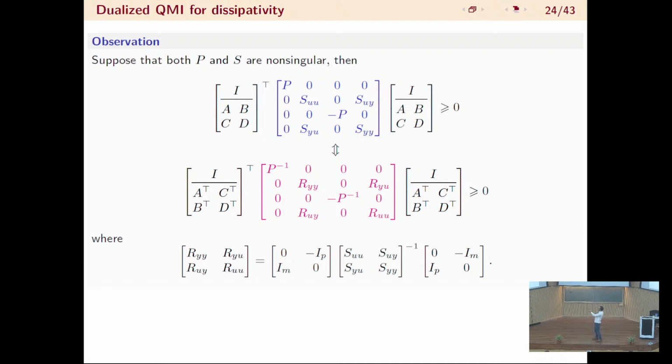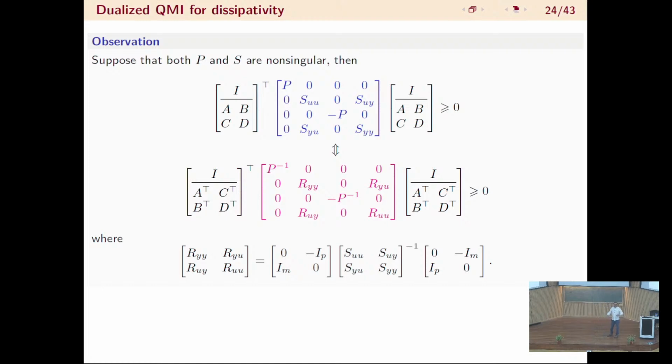As long as P and S are non-singular, then I can convert this one, which has A, B, C, D as an unknown, to this one, the purple one, where A, B, C, D transpose is an unknown.